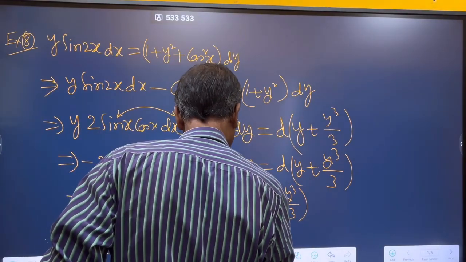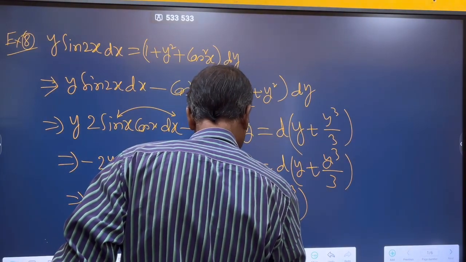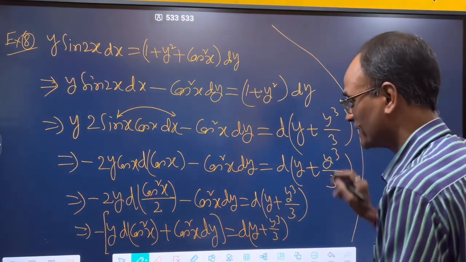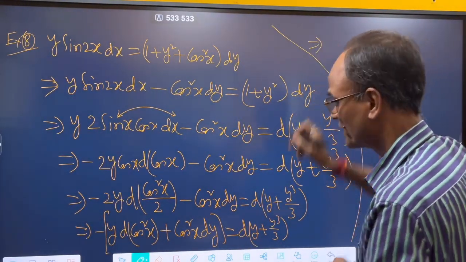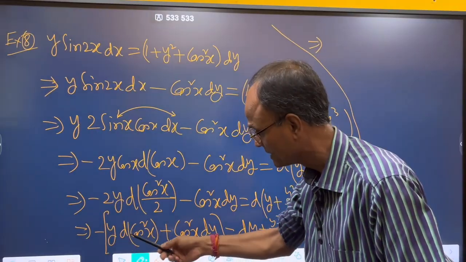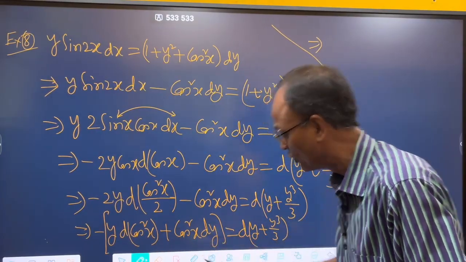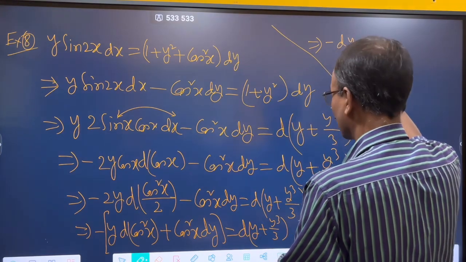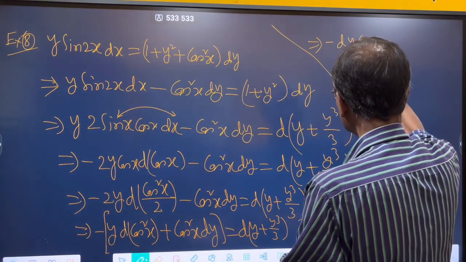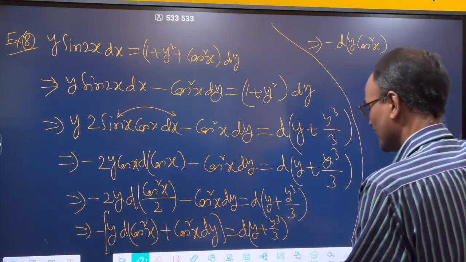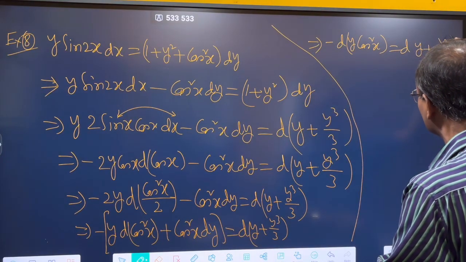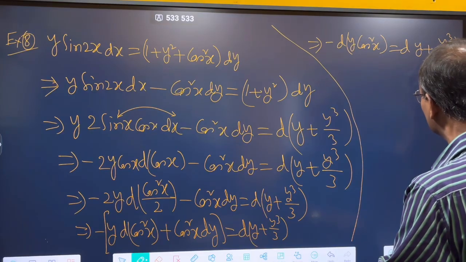This is equal to d of (y plus y cube divided by 3).